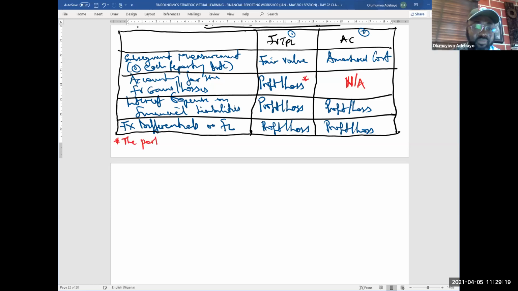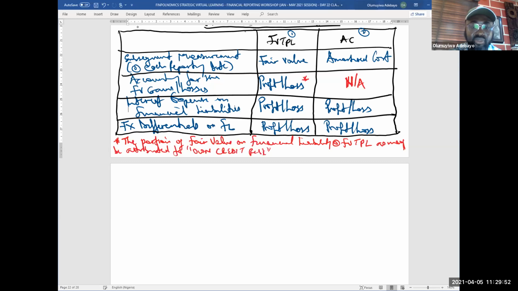The portion of fair value gain on financial liability measured at fair value through profit or loss, as may be attributed to own credit risk, will be reported through OCI. Let me explain.